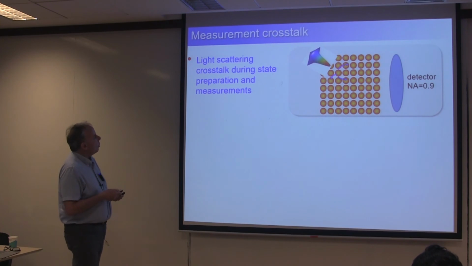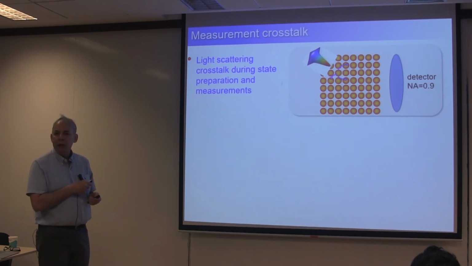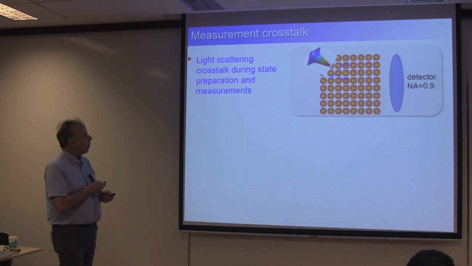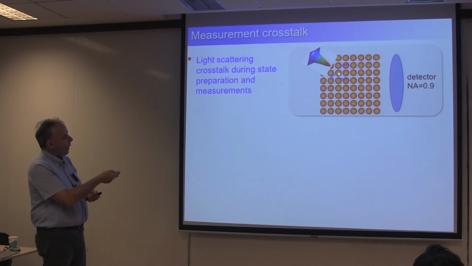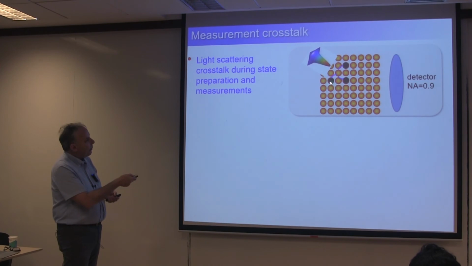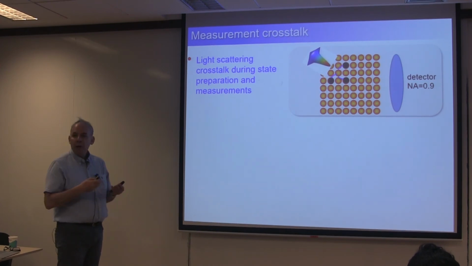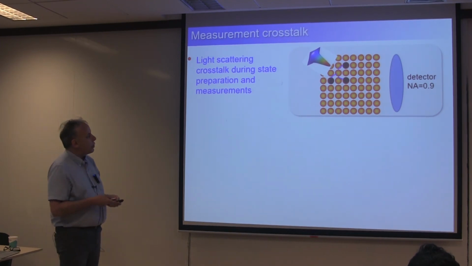So to make this more quantitative, think about one of these 2D arrays of atomic qubits and say I want to measure this qubit here as part of an error correction protocol. Well, I could think about doing that by focusing a measurement beam on that atom, having a very fast lens to collect the scattered light, and then counting it with a detector. Yet at the same time, all these other nearby atoms in the array are lambda squared resonant detectors, and so that's going to give me errors in proximal qubits.